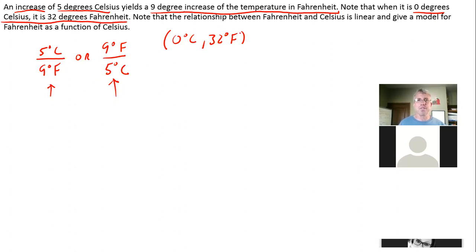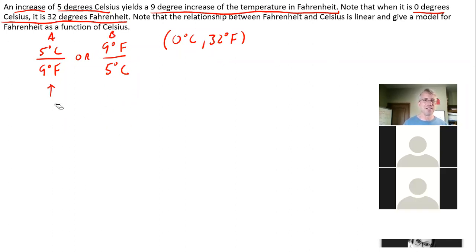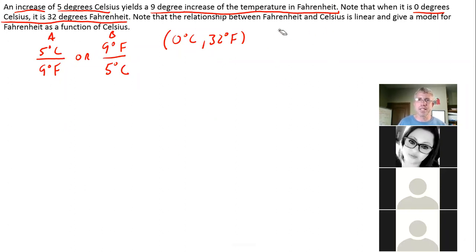So from this perspective, if I write the information this way, if I write the ordered pair like this, which of these two do I want? Choice A or choice B? A. So let's write this over here again.